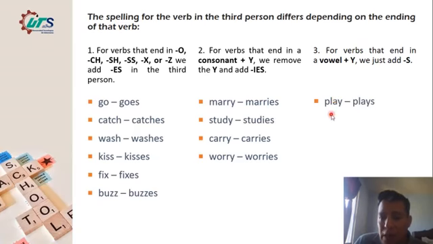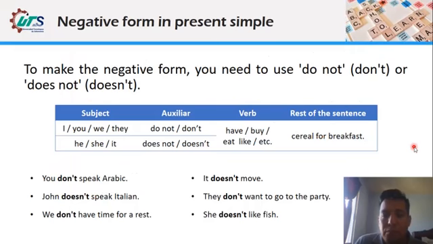This is a vowel and y, so we only add s: plays. Another example, enjoy: vowel and y, enjoys. Third example, say: vowel and y, says. Okay, that's only for the third person singular.